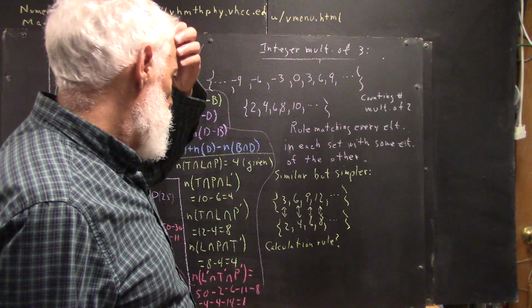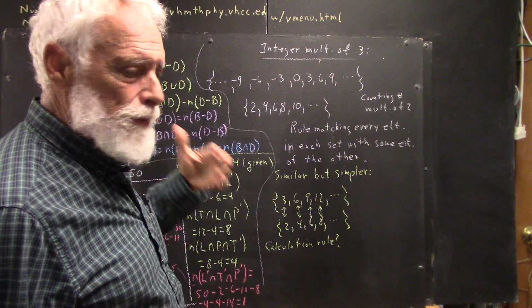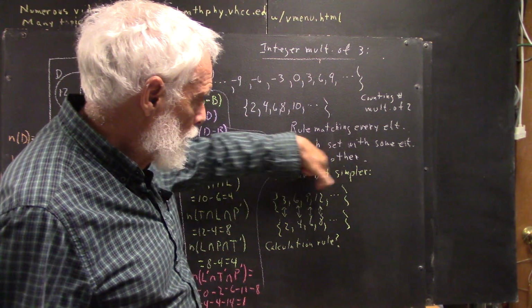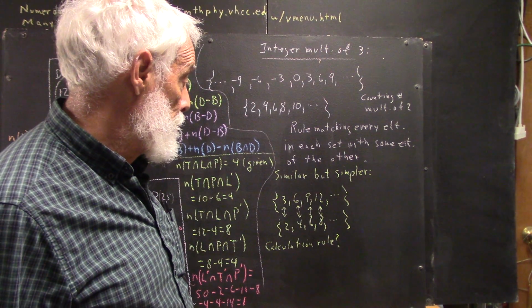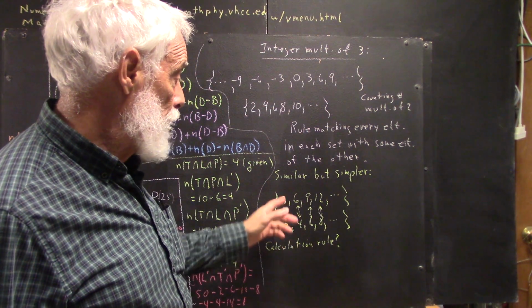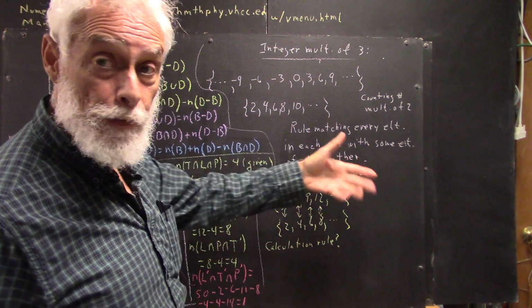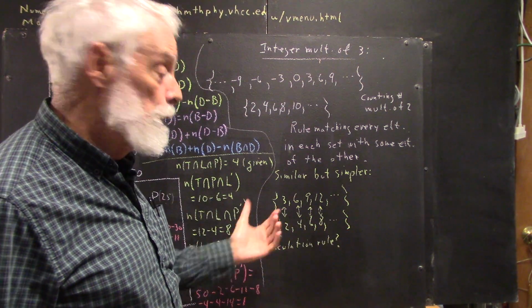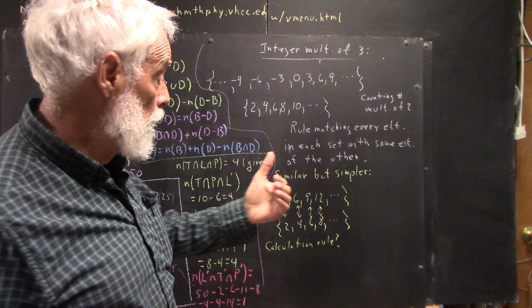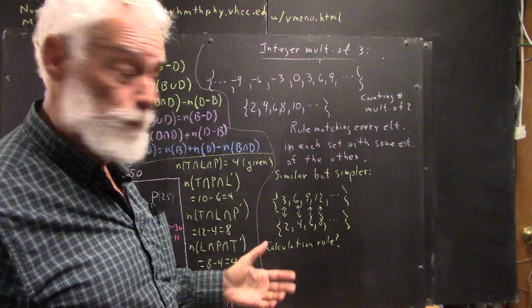But what we want to do is match the 75th number in this listing with the 75th number in this listing, don't we? And what would the 75th number here be? Well, it would be 3 times 75, which is 225. And the 75th number down here would be 2 times 75, or 150. So 225 would match 150.